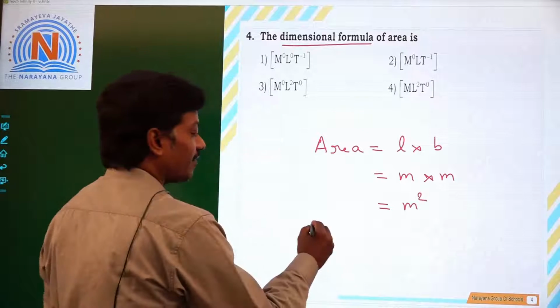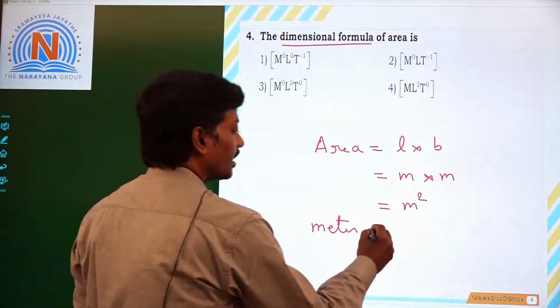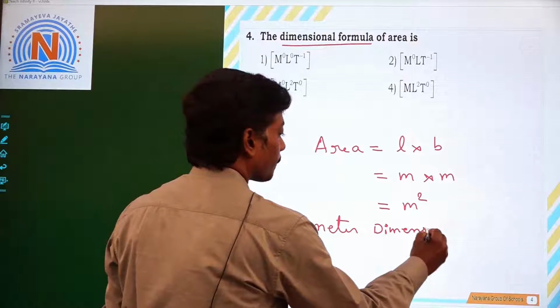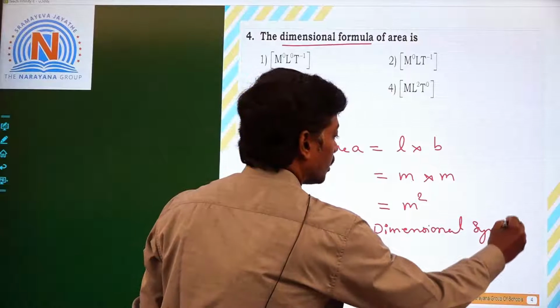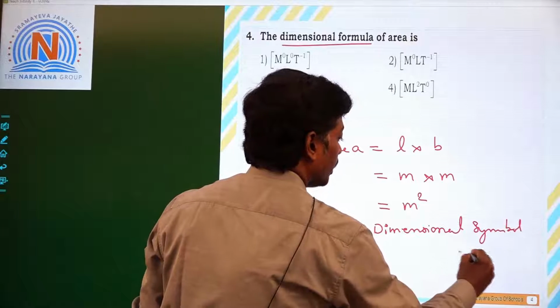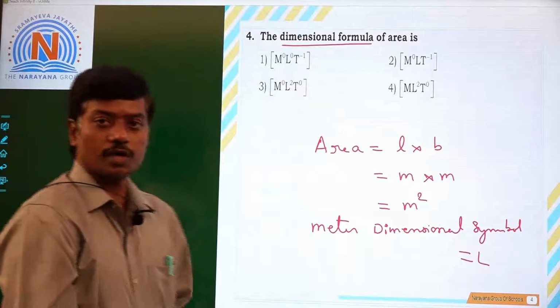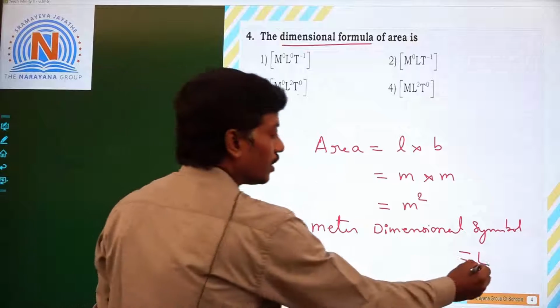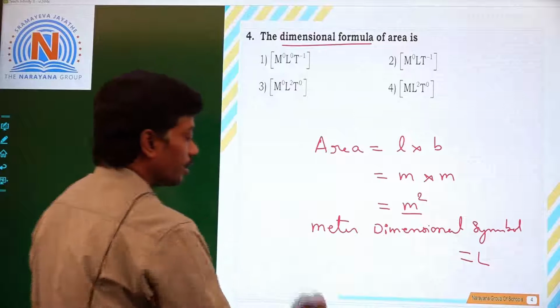The dimensional symbol of meter is capital L. There are no other quantities like mass and time. It has only dimensional symbol L and we have only meter square.